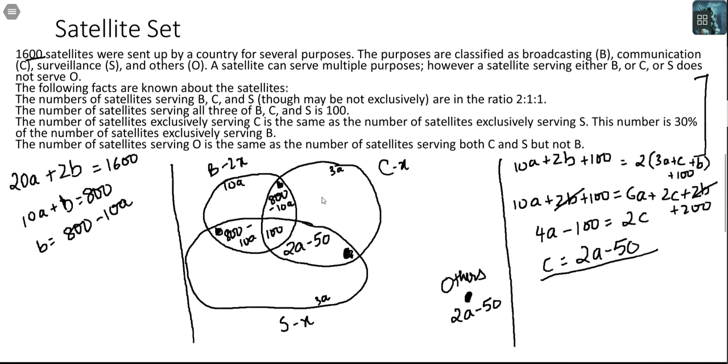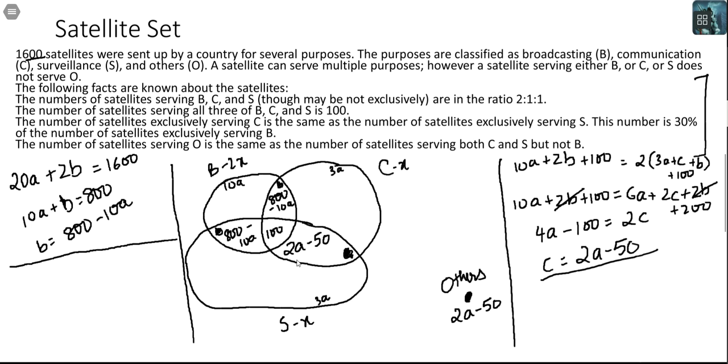Now the amazing thing is all the regions in this Venn diagram, outside, inside, wherever you choose to go, all of them are in terms of A only. So you can come up with the maximum and minimum limits. All these regions in this Venn diagram are supposed to represent the number of satellites, and the number of satellites can never not be a whole number. You cannot have minus 3 satellites anywhere. So all those regions where you have a minus something, or you have something minus a, those are interesting for us.